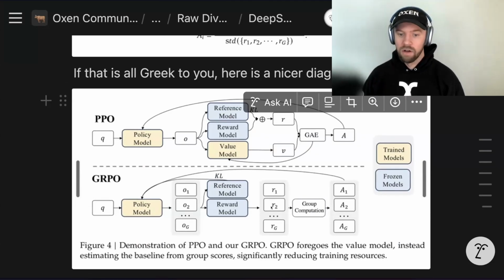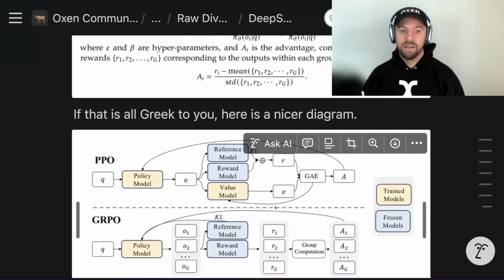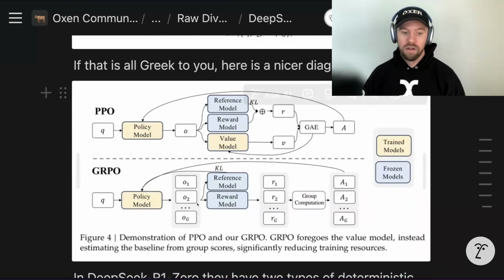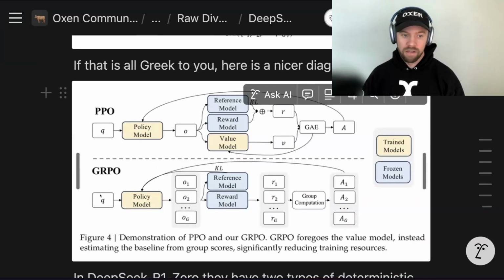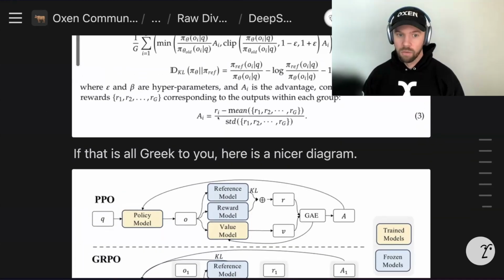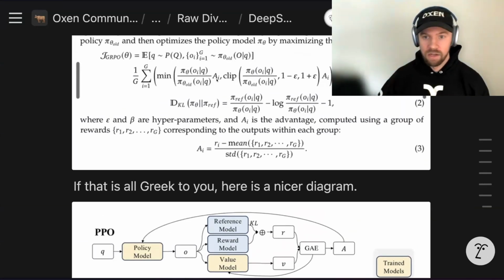And then once you have these scores that come out the other side from the KL divergence and the reward model and all of this stuff, for GRPO, they just take this average. So for all of the rewards that came out of that big group of answers from that query, they look at the mean, they look at the standard deviation, and they look at the individual reward, and that comes up with this A parameter that you have in here.